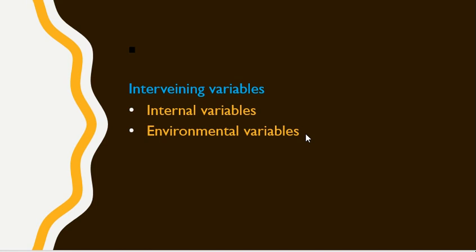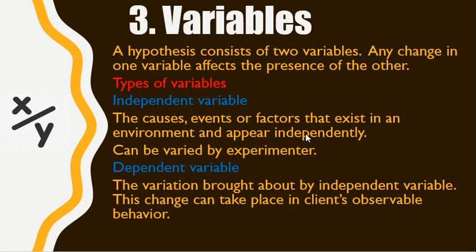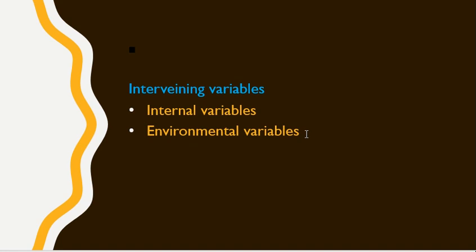Okay, so apart from the independent and dependent variables, we also study these two variables. While performing an experiment in the lab, we make sure that no intervening variable affects the experiment. We try our best to control these environmental and internal variables so that they do not affect our results.